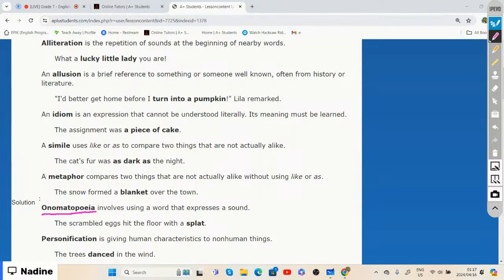So now you are trying to describe something that took place by also using sound. It's like saying the bang of the drum, or the sound of the drum went bang. Or you can say that somebody scratched on the window and it was a screech sound. So that is onomatopoeia. It involves using a word that expresses a sound.